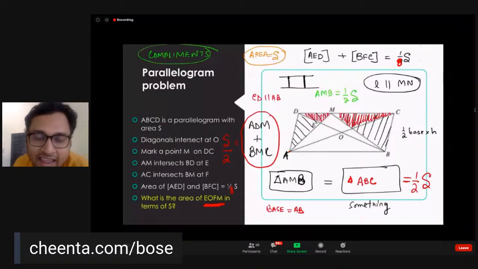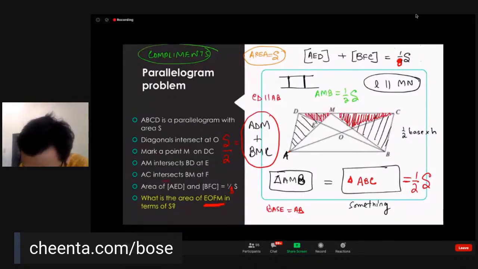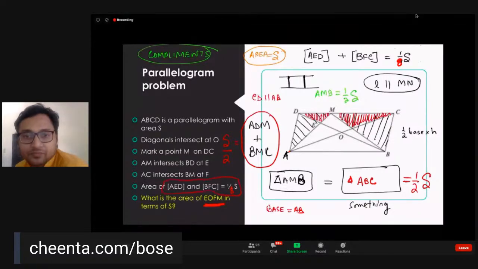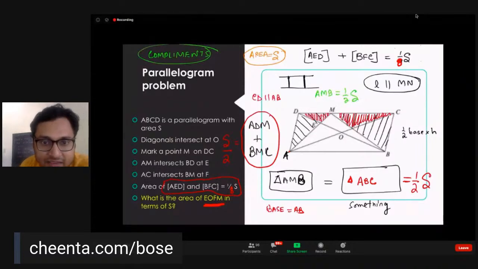Now can anyone tell me the area of the red region that I have shaded? You have to use the fact that AED plus BFC is 1/8 of S.